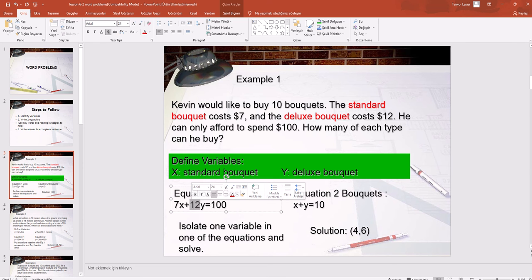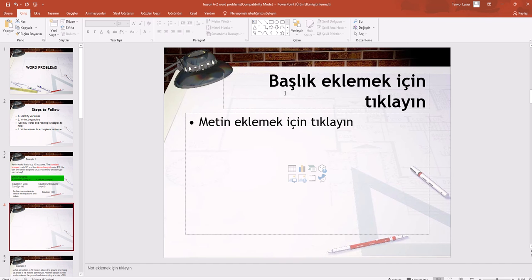In total I have 100 here, as you can see. But how many bouquets do I need? I need 10. So I have to solve these equations. We can isolate one variable and find the solution. We are going to solve this equation together now.